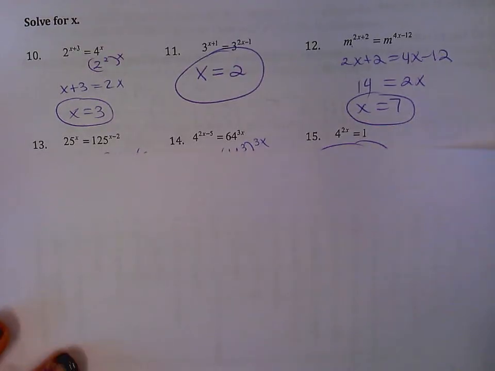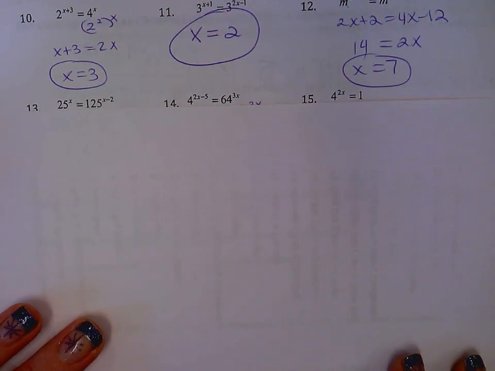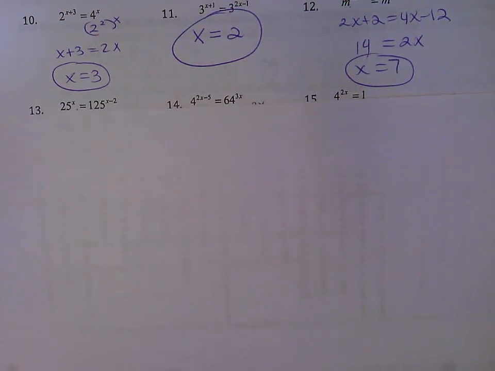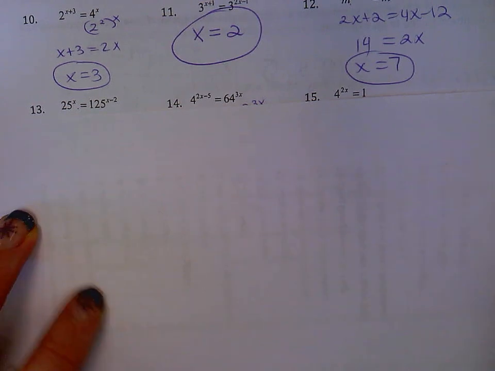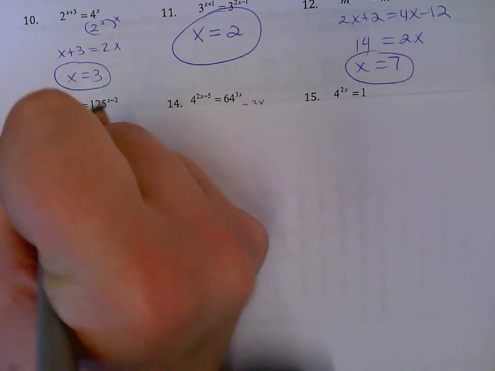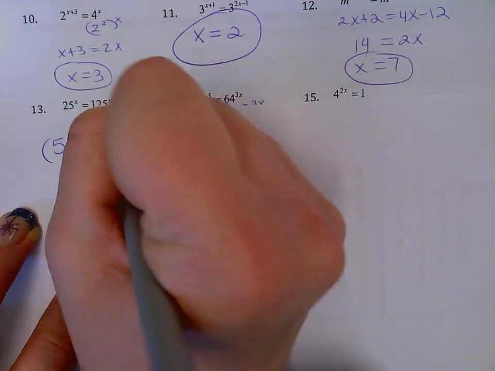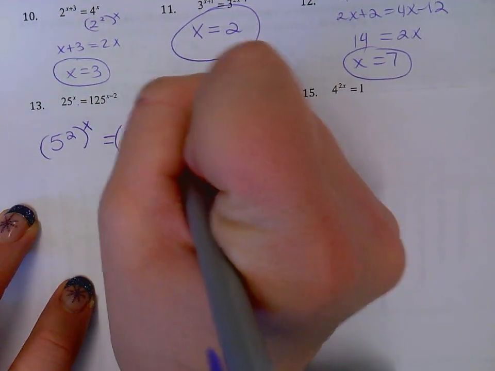Okay, so here are a few more problems to try. In 13 and 14, pause the video and see if you can make a common base. And now I'm going to put the answer up. So this one becomes 5 squared to the x power. And this becomes 5 cubed to the x minus 2 power.